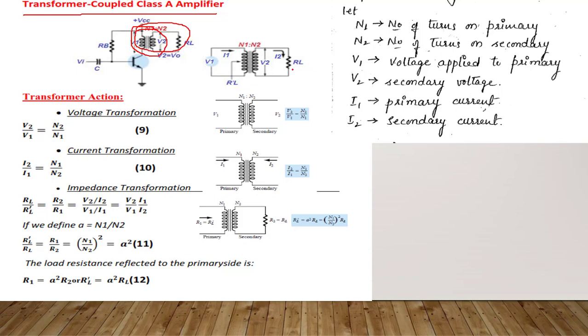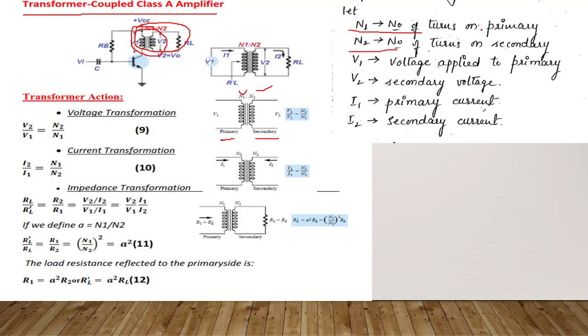In a transformer we have two coils. One is the primary coil, another one is the secondary coil. The primary coil we call N1 and the secondary coil we call N2. That is the number of turns in that coil. How many turns in the primary coil is called N1, and how many turns in the second coil is called N2.